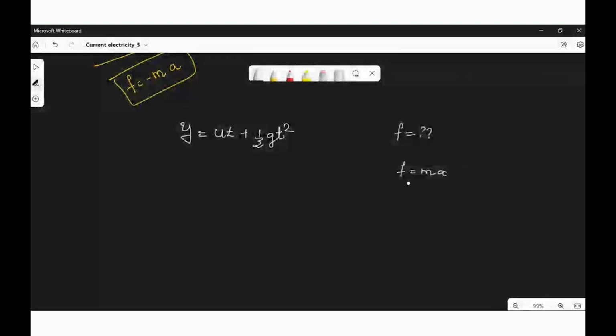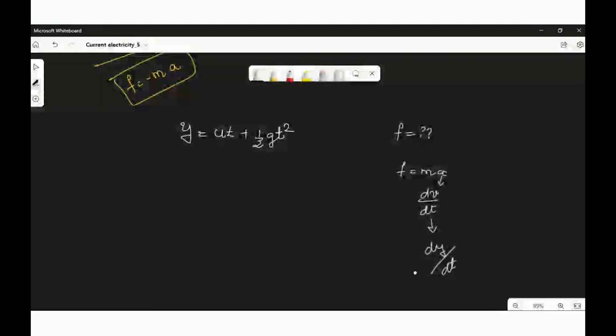If I want acceleration, one step we will go back. I can say acceleration is dv by dt. Velocity is also not given, so we'll go one step back. I can say dr by dt or dy by dt.